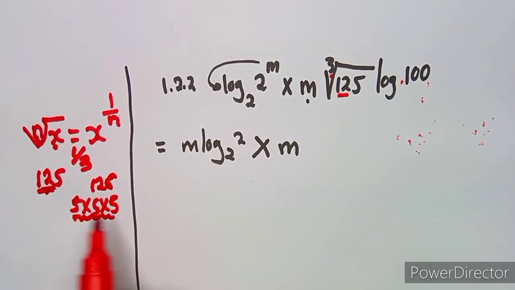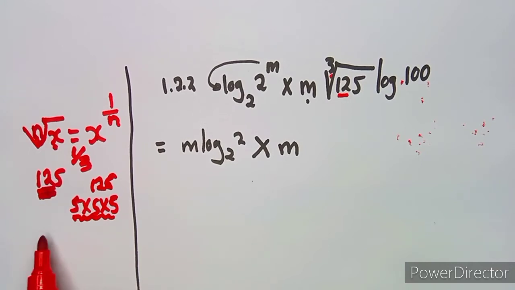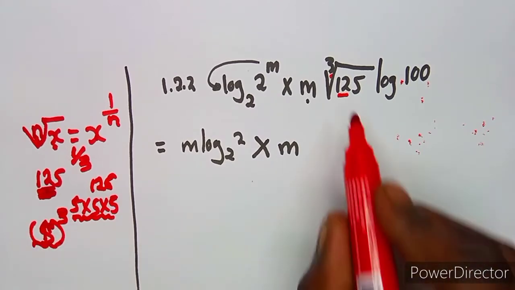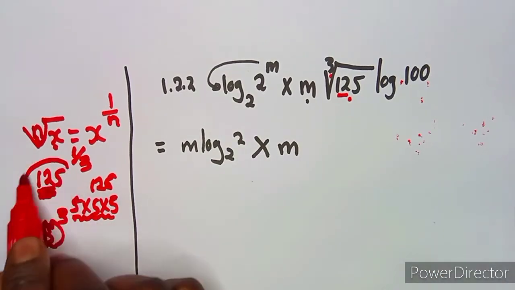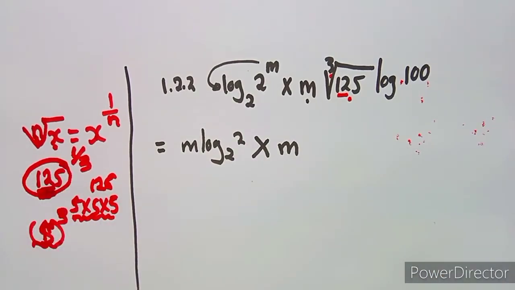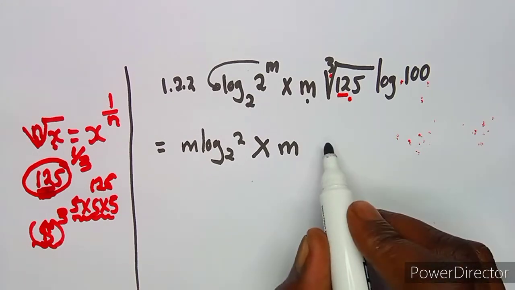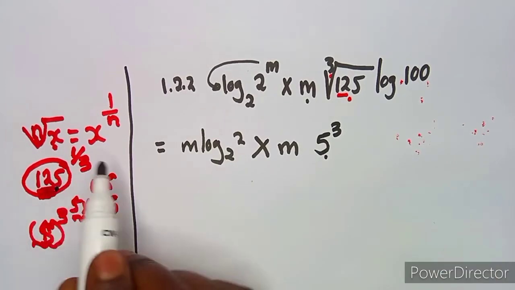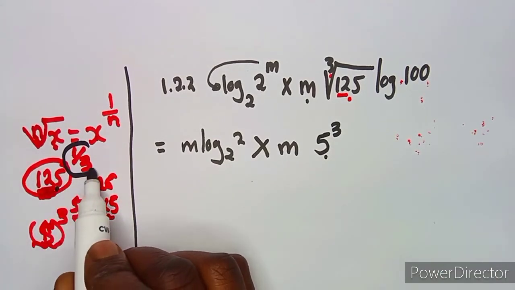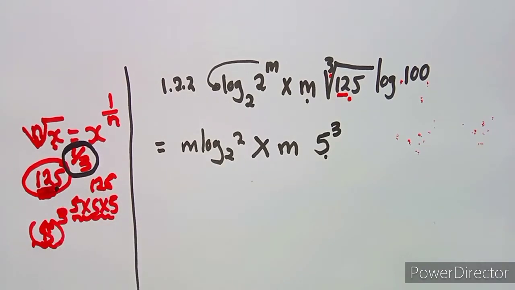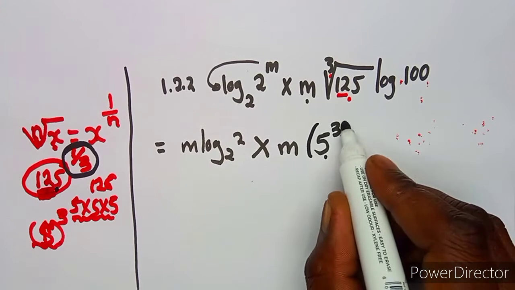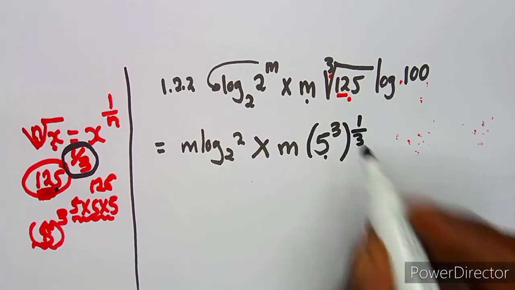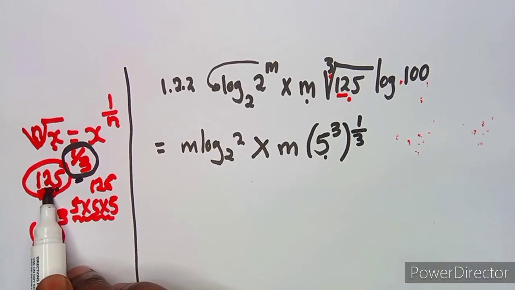So actually this 125 is the same thing as 5 to the exponent of 3. This is our 125. But take note, there was an exponent which we already have, this one of 1 over 3. So it's going to be to the exponent of 1 over 3, like this. That is what you obtain from this 125.